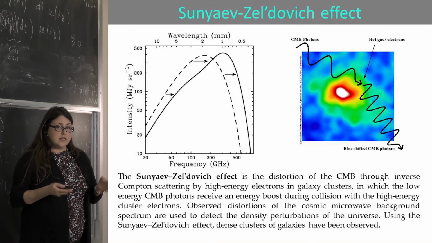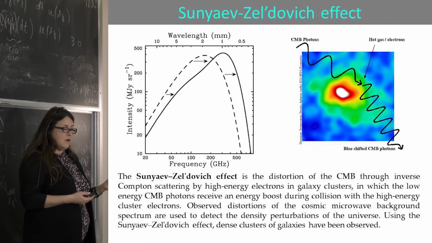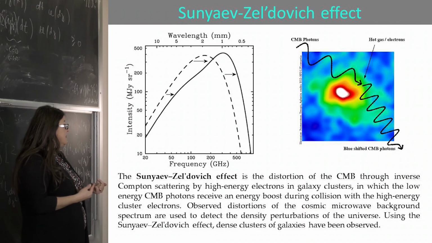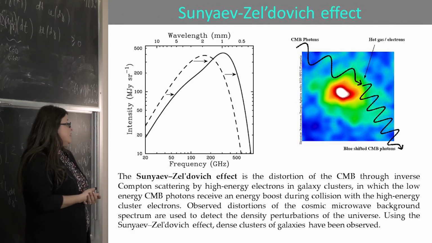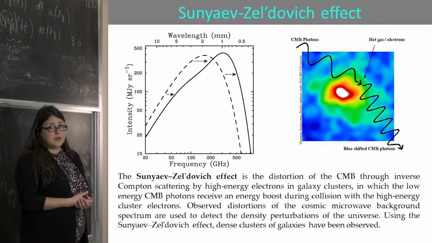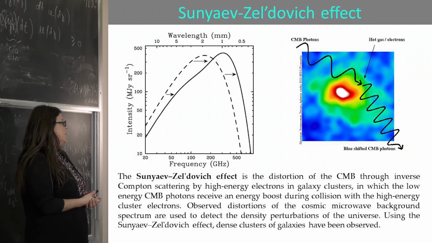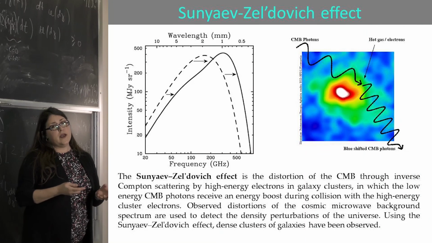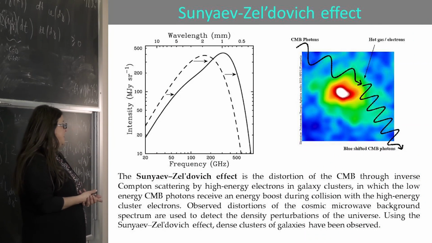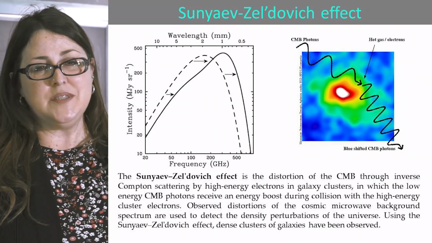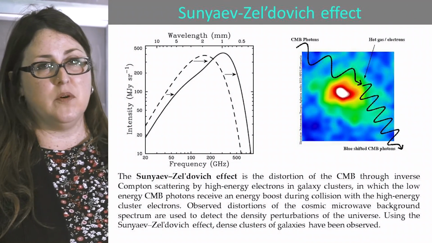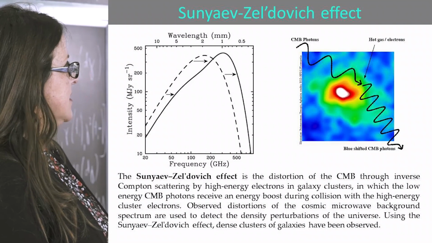So when the radiation from the Big Bang is crossing a galaxy cluster, the low energy photons from the CMB interact with the high energy electrons of the intracluster plasma, and they receive a boost of energy during this collision. So the low energy photons of the CMB are shifted to much higher energies. As a consequence, the CMB spectrum will have a distortion in correspondence to the position of galaxy clusters.